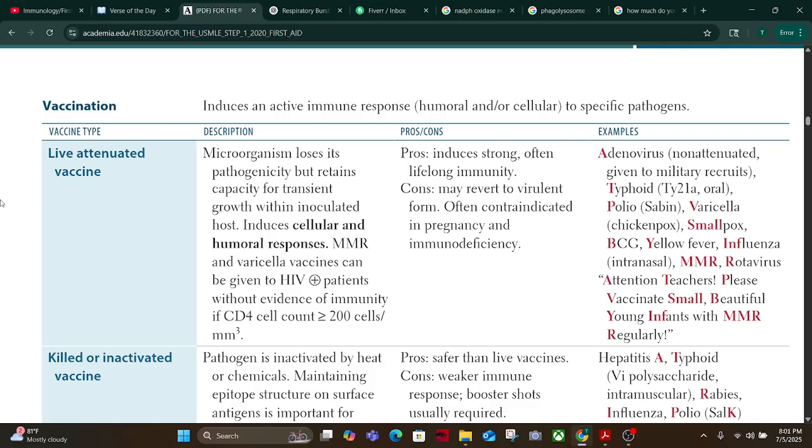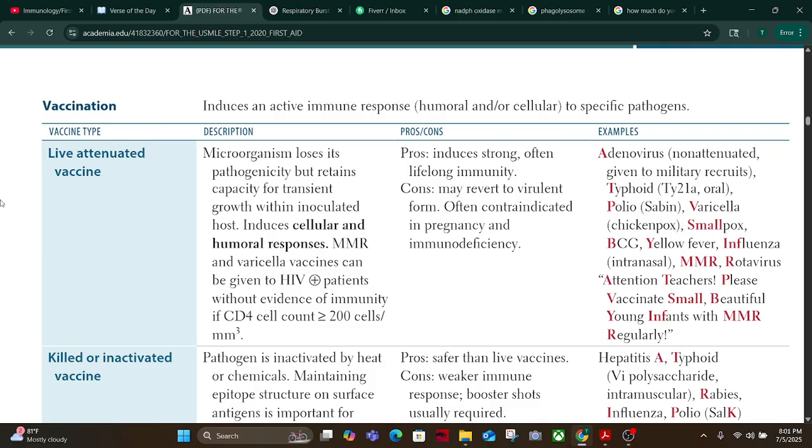Vaccination can activate either Th1 or Th2. Th1 would be cellular, Th2 would be humoral. Okay, a live attenuated vaccine. This is when the microorganism loses its pathogenicity but retains capacity for transient growth within the inoculated host. It induces cellular and humoral responses.